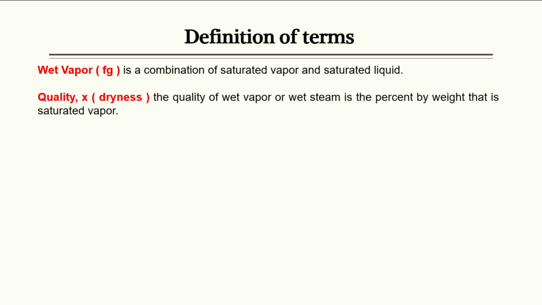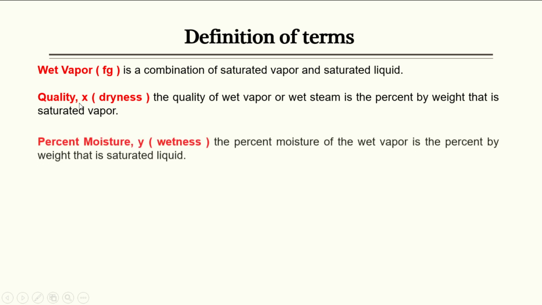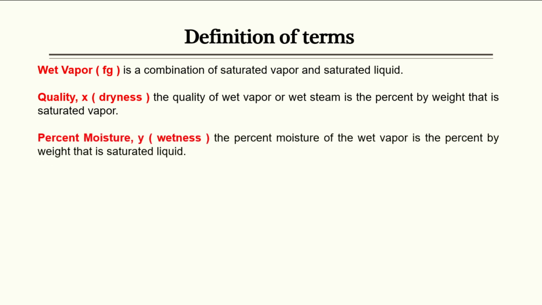Combination of saturated vapor and saturated liquid. Then, quality, X. So, kapag sinabi nating X sa Thermo 2, yan yung dryness na tinatawag. The quality of wet vapor or wet steam is percent by weight that is saturated vapor. So, kapag tinanong sa exam yung dryness ng vapor natin, quality or X ang tawag doon. Kapag moisture ng vapor natin, ang tawag doon ay Y or wetness.